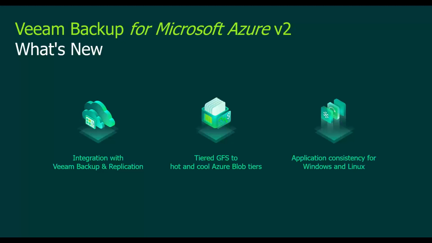Data that will be destroyed within 30 days will probably cost more on a cool tier than on a hot tier, so store those on the hot tier. GFS, so the weeklies and the monthly backups, it's quite interesting to store those on the cool Azure Blob tier. I'm going to show you that in the demo.